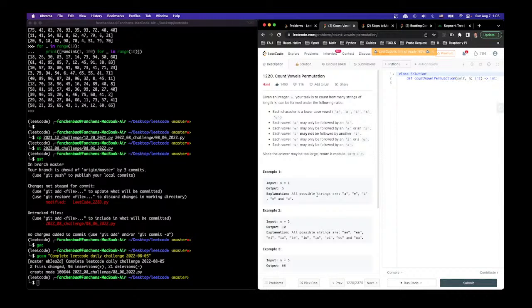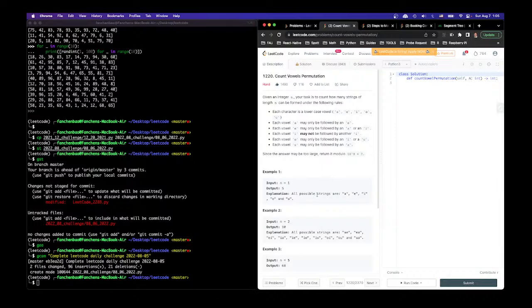I may not be followed by another I, so it cannot be II. O may only be followed by an I or a U, so OI or OU. U may only be followed by an A, so U is UA or U by itself.